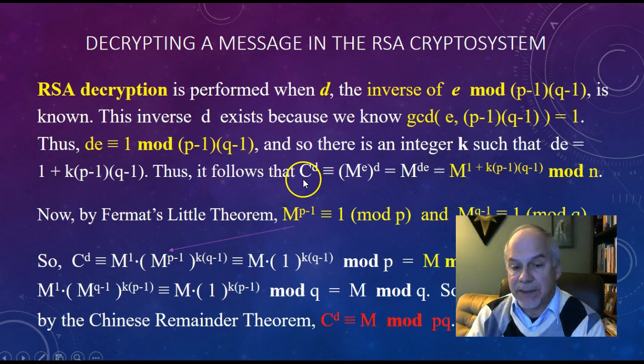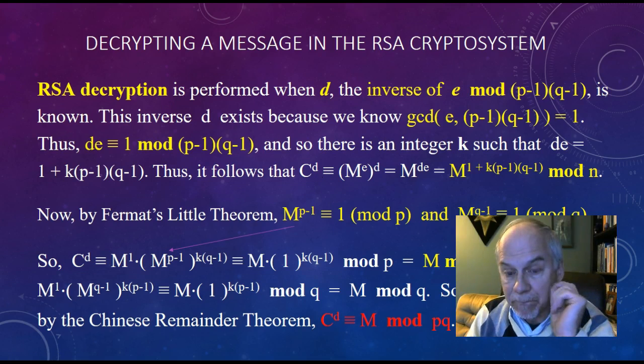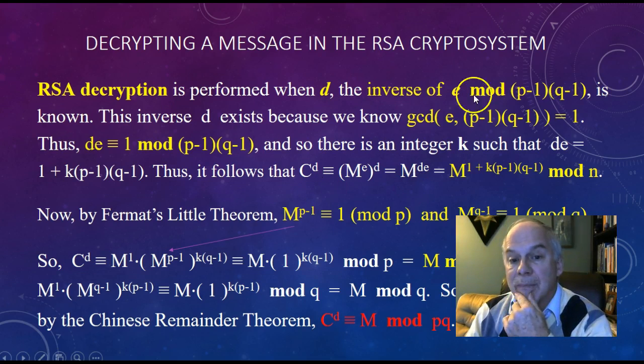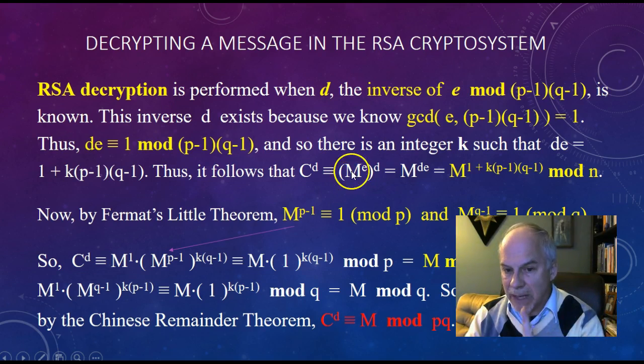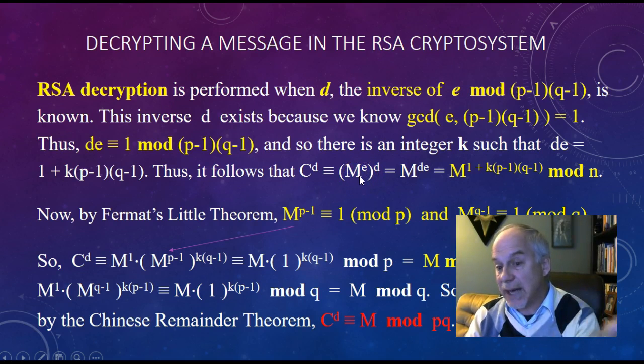Now, if we take C to the power of the inverse, D, but what was C? C was the encrypted message, which we got by taking the original, unencrypted message to the power of E. So I can replace C with M to the E power because that's where C came from.